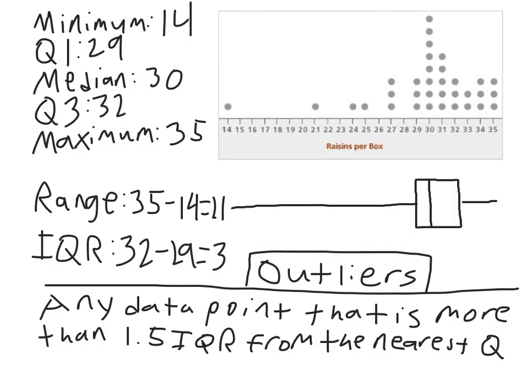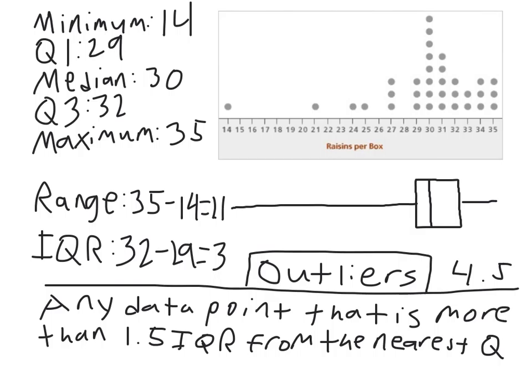So first, 1.5 times IQR is 4.5. Put that right here. So anything more than 4.5 from the nearest quartile. So on the right end, the nearest quartile is 32, and 4.5 more than that would be off the graph.